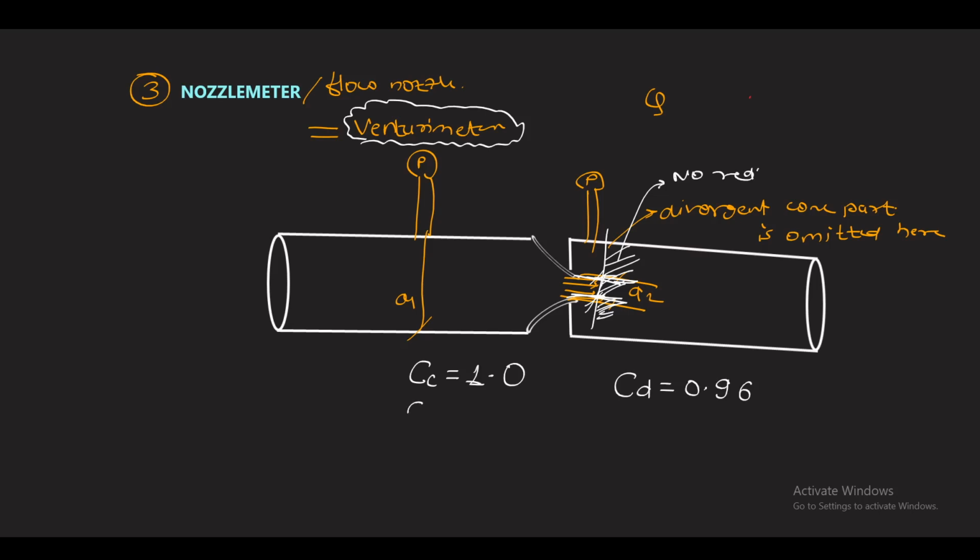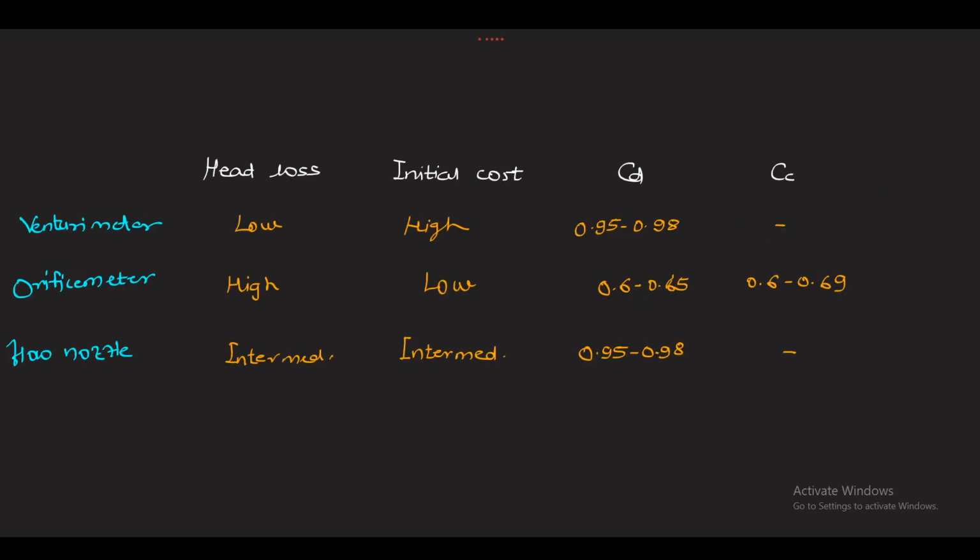The value of the coefficient of velocity here is between 0.95 to 0.98. So this is about the nozzle meter. Then this is the important table, as I have already discussed, with different values of CD, CC and CV.